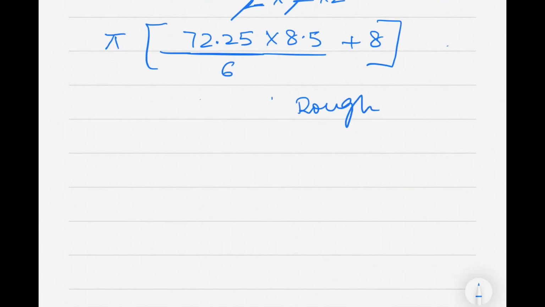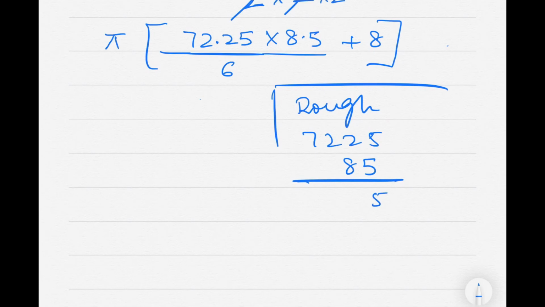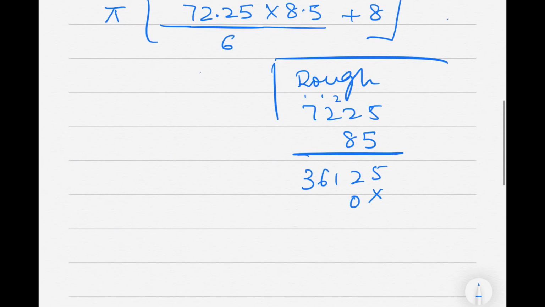Okay, so now let's do some rough work here, because I have to multiply 7225 into 85 now. So 5 5s are 25, 2 carry, 5 2s are 10, 11, 12, 1 carry, 11, 1 carry, 36, and then with 8: 8 5s are 40, 4 carry, 2 is 16 and 4 20, 2 carry, 8 2 is 16 and 2 18, 1 carry, 56, 57.